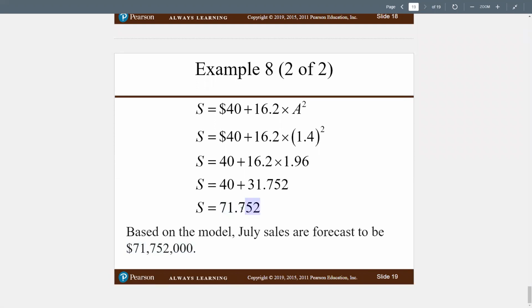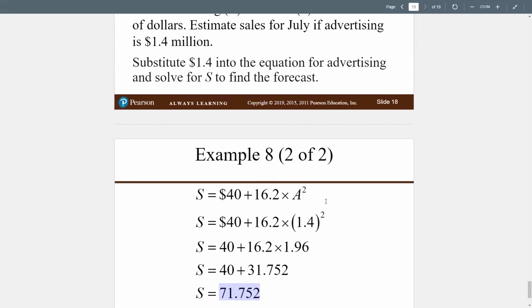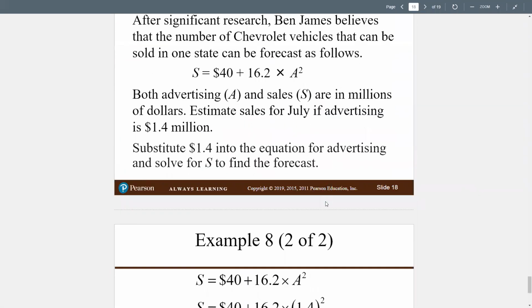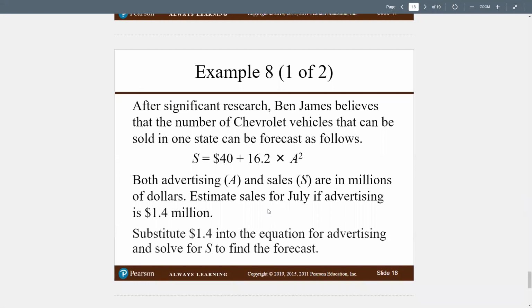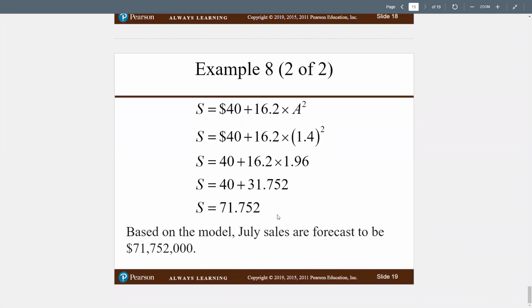Now, if you would have gotten to here and you told me that the answer was $71.75, I wouldn't massively ding you, but I'm hoping that you would be able to look at that and go back and read the problem and go, wait a minute. If they're using $1.4 million worth of ads, I don't think $71.75 makes sense for how much they're going to be selling. Okay, so that's what they talk about when they say make sure that something is making sense as an answer. All right.